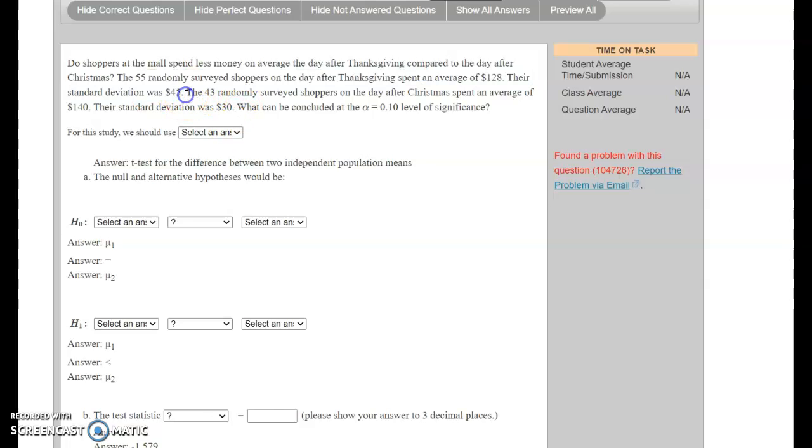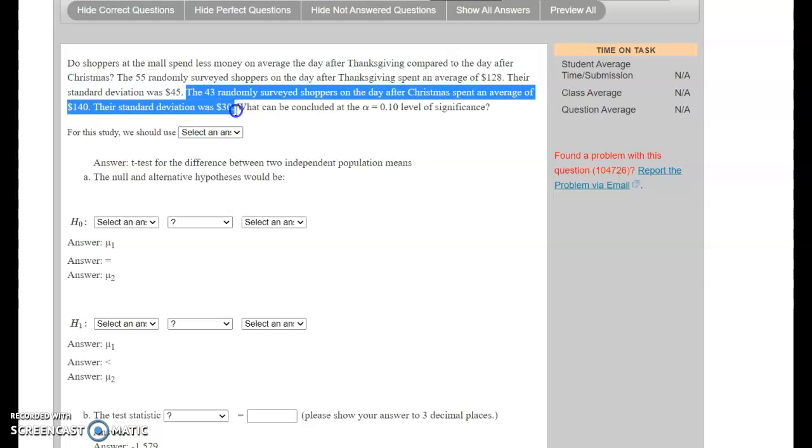And then there's another sample, and there's another standard deviation. And again, this standard deviation of 30 is just being calculated from these 43 shoppers. It's coming from that sample, not from everybody in the world. Okay? Let me just reiterate the difference between Z and T. Z is when you have standard deviation from all. T is when your standard deviation only comes from some, when your standard deviation comes from a sample.